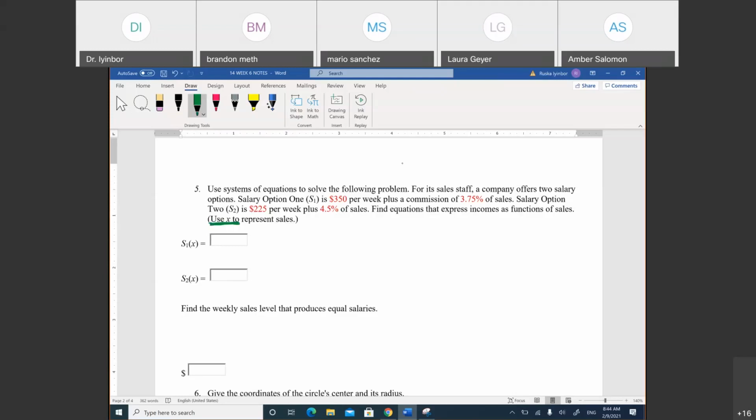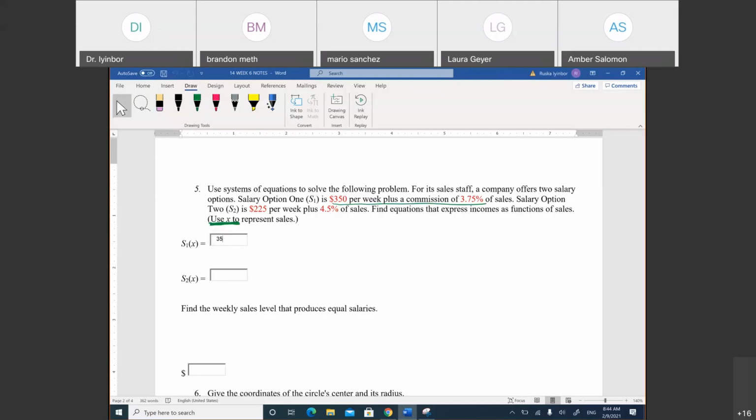So let's look at the first equation of option 1. So they're going to pay you $350 per week plus a commission. So how is the equation going to look? Any ideas? Put 350 and then plus C, for the commission for right now. Okay, so that's right.